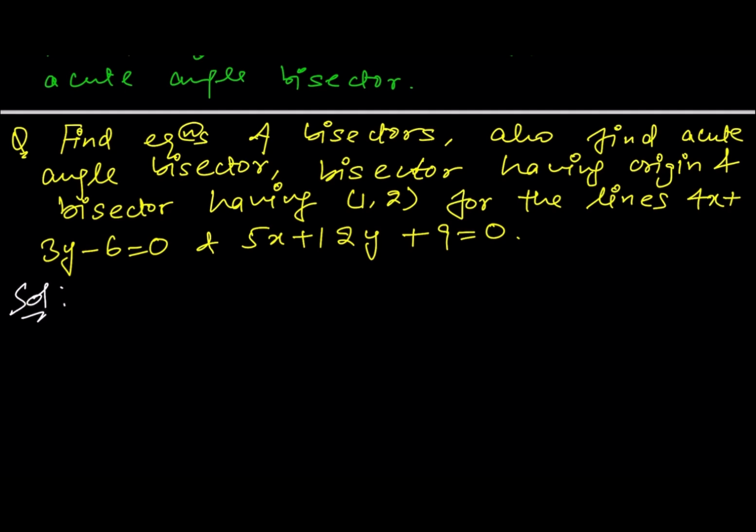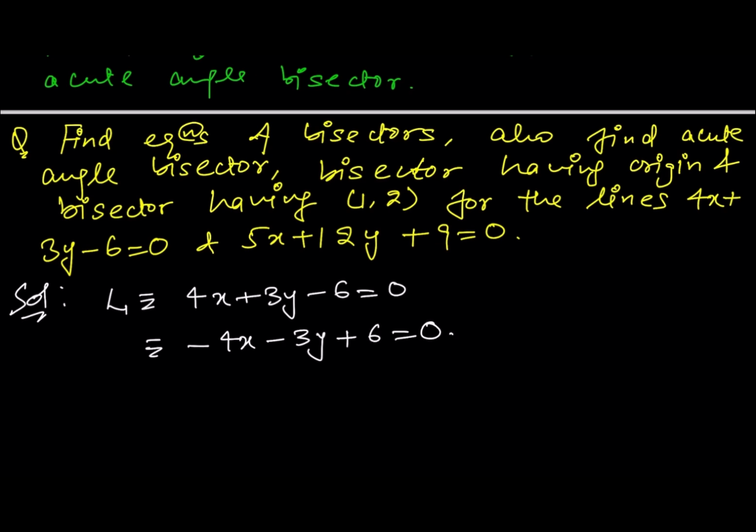Okay, so L1 is 4x plus 3y minus 6 is equal to 0, or I am writing it by taking the minus sign common, as I am making the constant term positive. So you can say L1 is this and L2 is 5x plus 12y plus 9 is equal to 0.